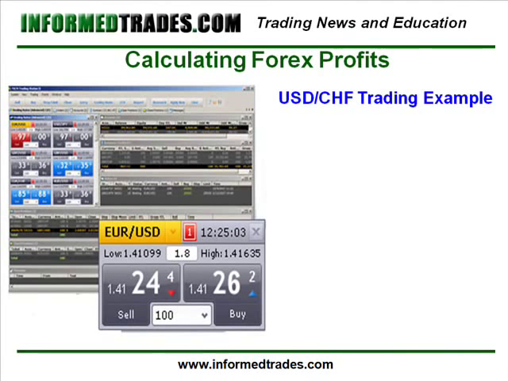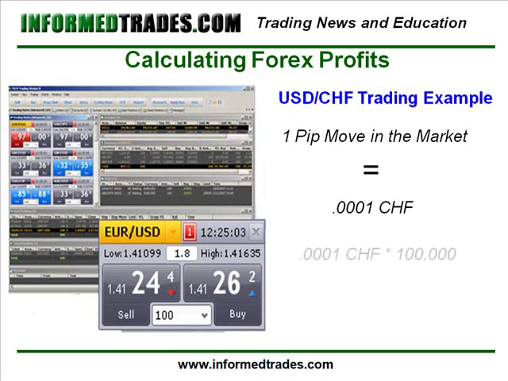To look at an example where the US dollar is not the second currency in the pair, let's take the dollar Swiss. Here, a 1 pip move in the market is equal to 0.0001 Swiss francs. So to get the value of a 1 pip move in the market, we would take 0.0001 Swiss francs and multiply it by the 100,000 contract size, which gives us 10 Swiss francs as the value of a 1 pip move in the dollar Swiss currency pair.